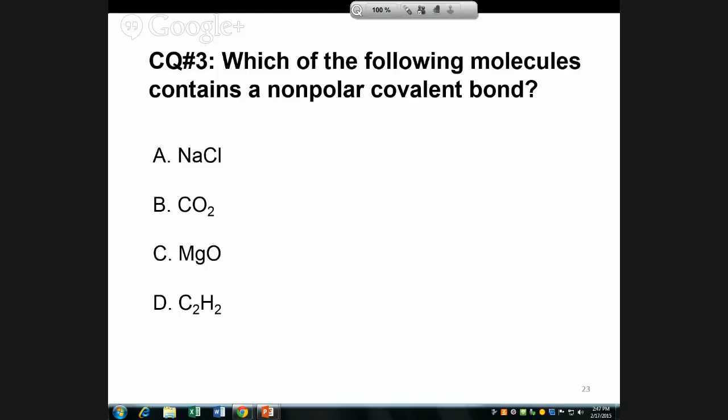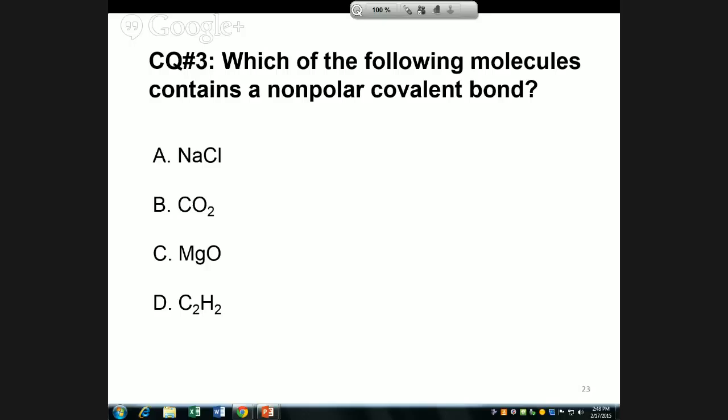So the column that starts with hydrogen, or the column right next to that, has magnesium and calcium, the two big ones we deal with there. If any of those bond with something in the column with fluorine and chlorine, those are usually going to be salts, ionic compounds. And then I explained away CO2.